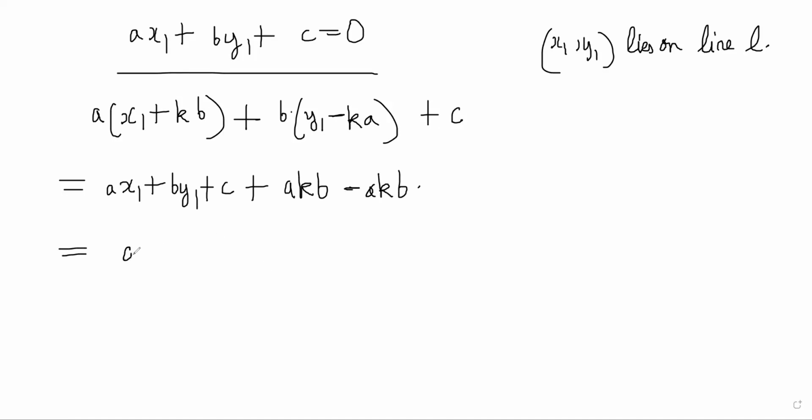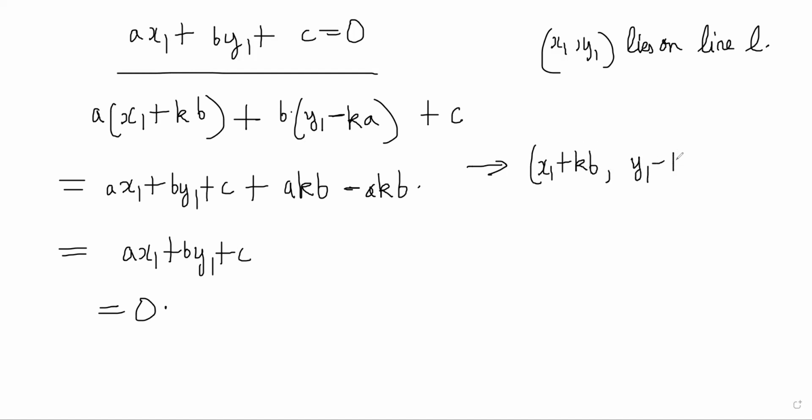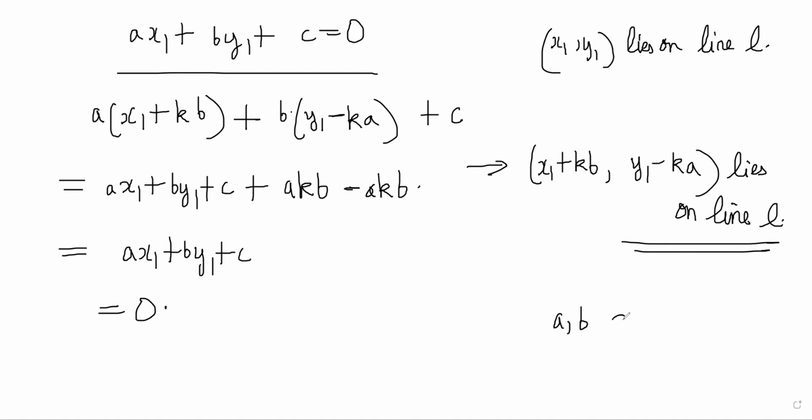So this is going to be ax1 plus by1 plus c, and that is 0, right? So this implies that x1 plus kb comma y1 minus ka lies on line L. Now we know already that a and b belong to integers. So if k belongs to integers, then this is an integral point.